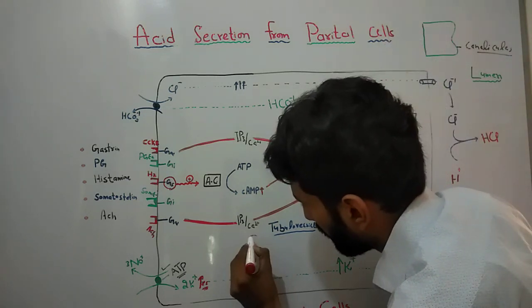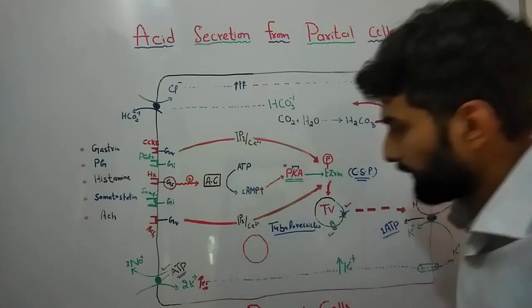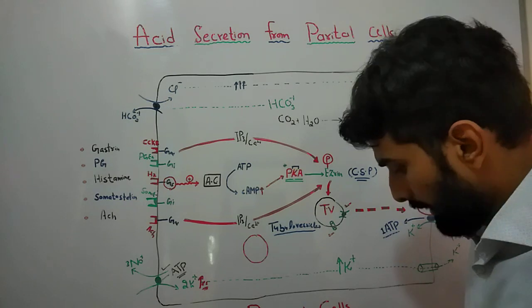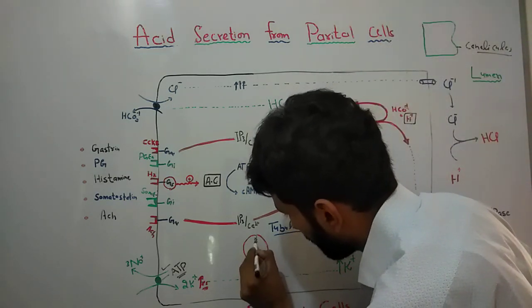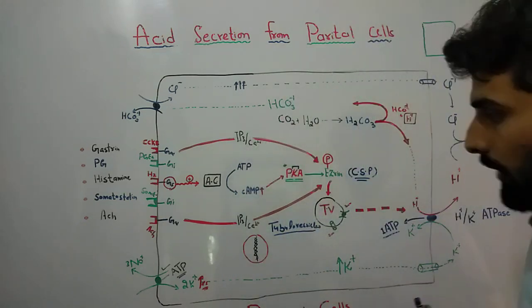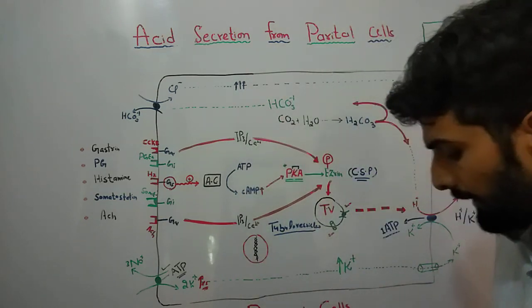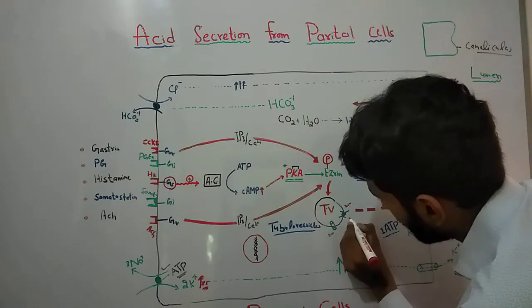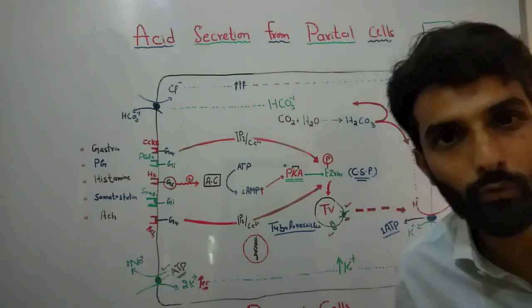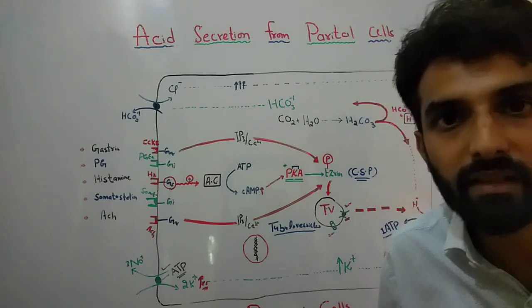So here is the nucleus of this parietal cell, and if this is a nucleus, there must be some DNA. This DNA must have genes for the hydrogen potassium ATPase pump and the potassium channel, because they are proteins in nature. Every protein has its specific gene.